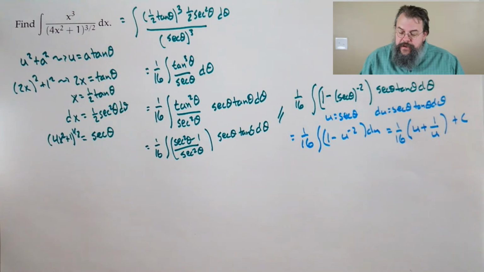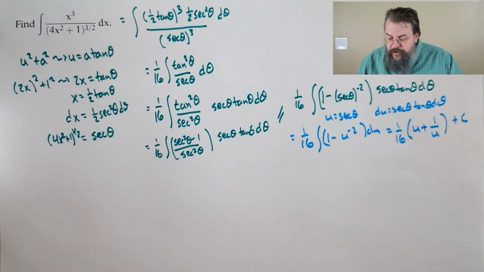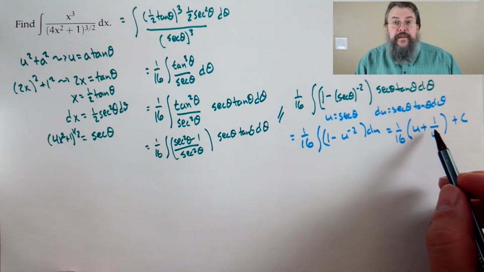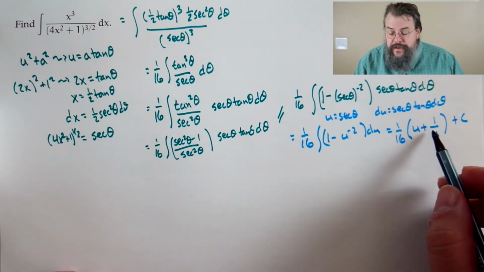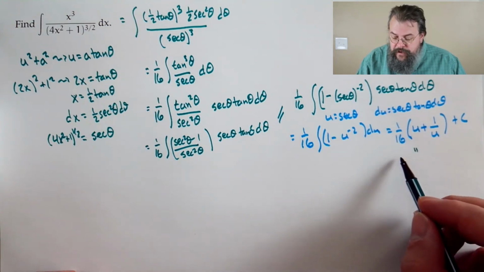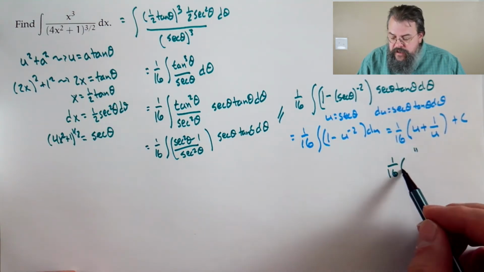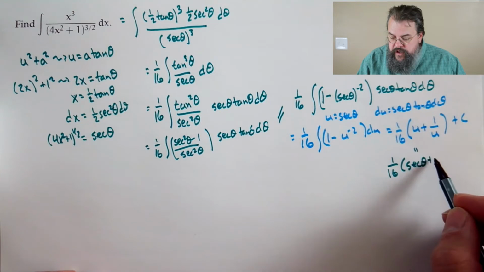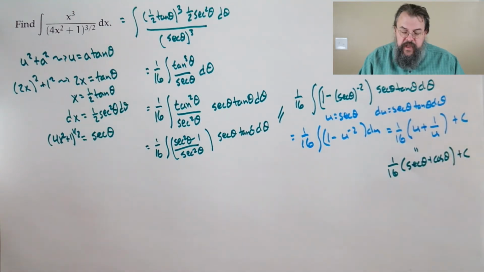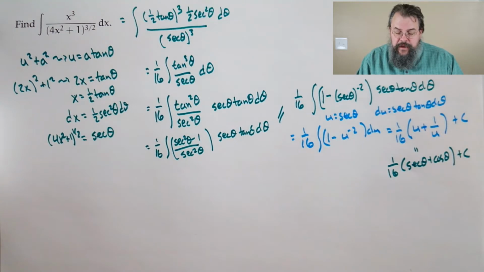Well, we say, okay, u is secant. So what we really have here is secant and 1 over secant. 1 over secant has a great name. It's called cosine. So this is 1 over 16 secant plus cosine plus c. Now we have to say, okay, what is secant and what is cosine?